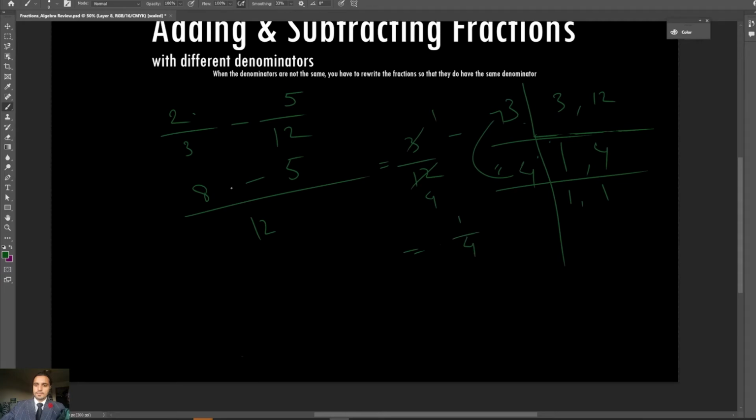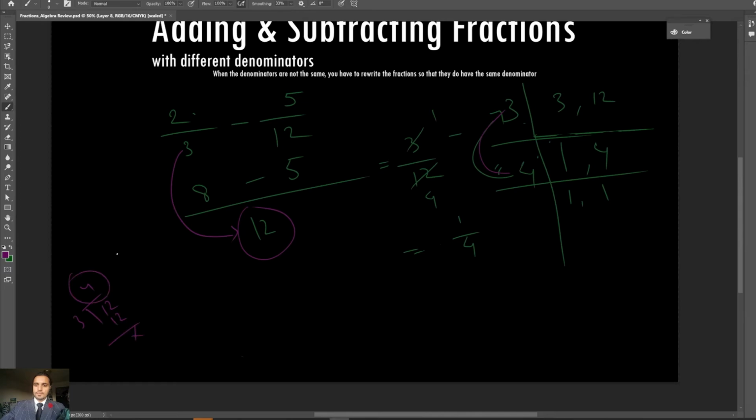How did I get this 8 and 5? Again, I got the 12 from here. 3 times 4 is 12. I looked at the common multiples, and if we list all the multiples, we'll find that 12 is the smallest common multiple between 3 and 12. What I did was see how many times 3 goes on 12. 12 goes on 3 four times.